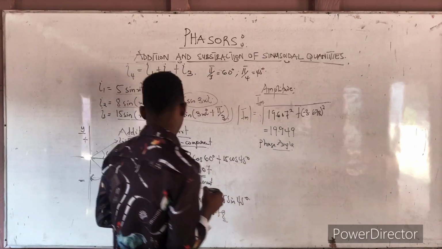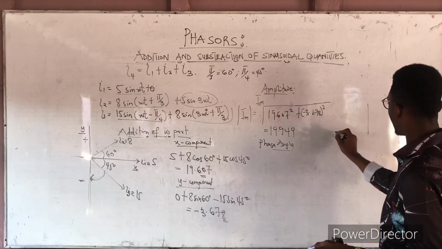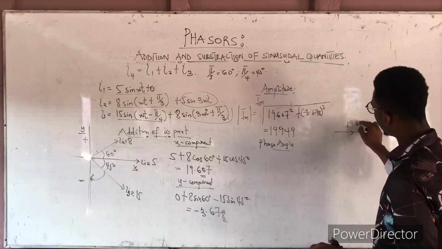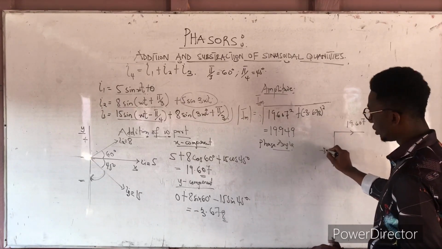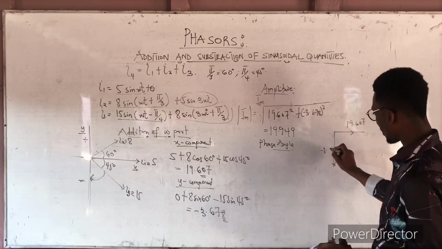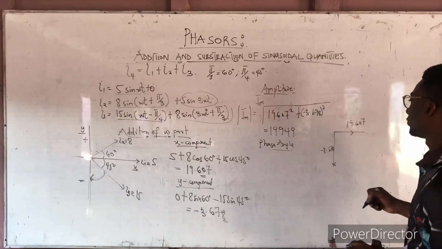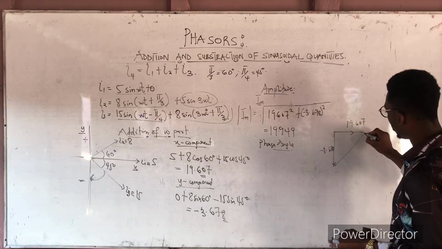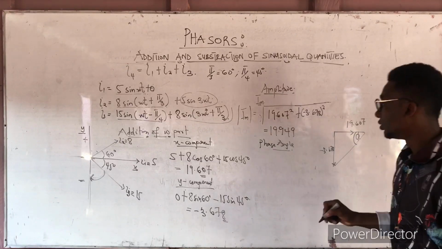Find the phase angle. So the same way like the diagram I drew, in the x direction, that was 19.607, and in the y direction, which was negative 3.678. And you want to find the phase angle. So if you join these two together, this is the phase angle.